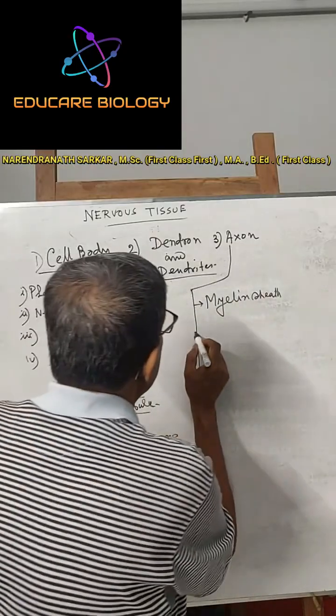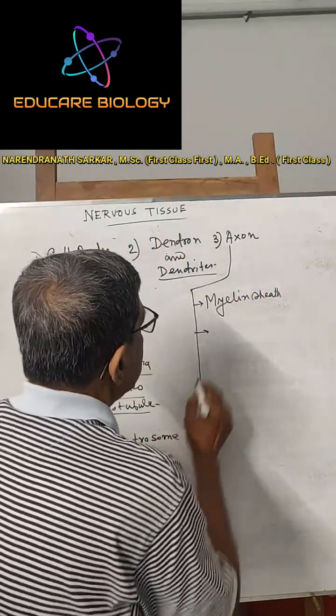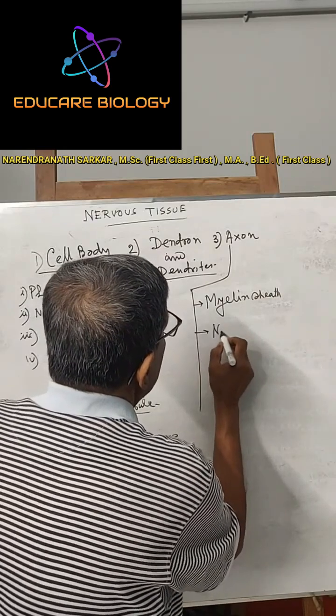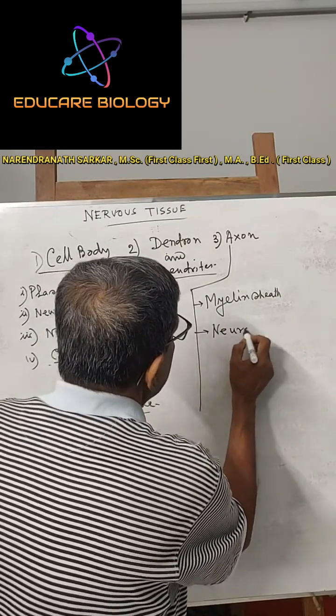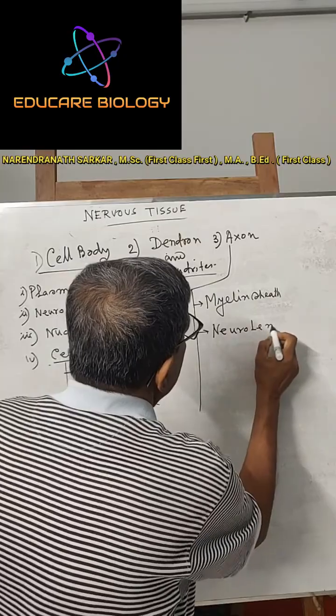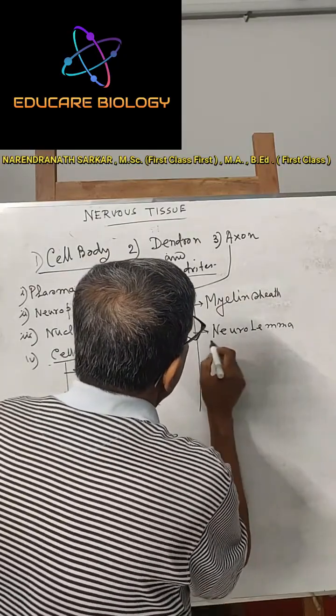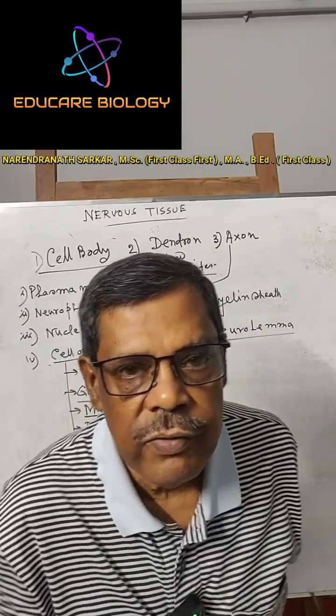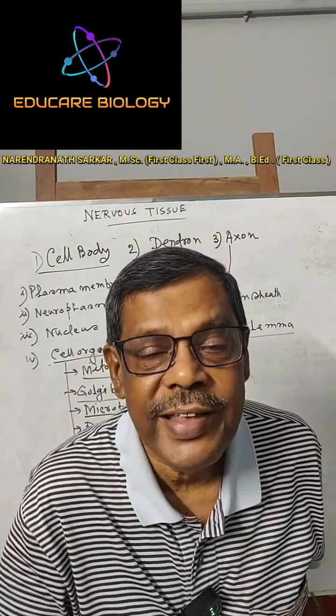Outside the myelin sheath, there is the neurolemma. Within the neurolemma, there is found the Schwann cell's nucleus.